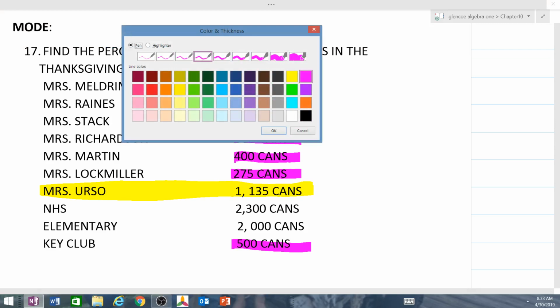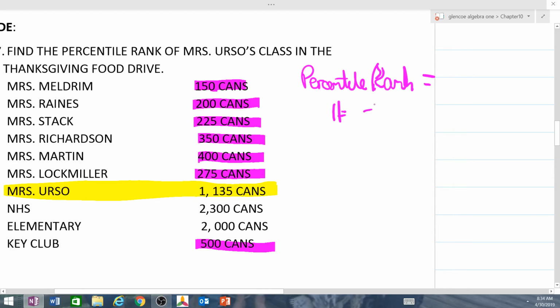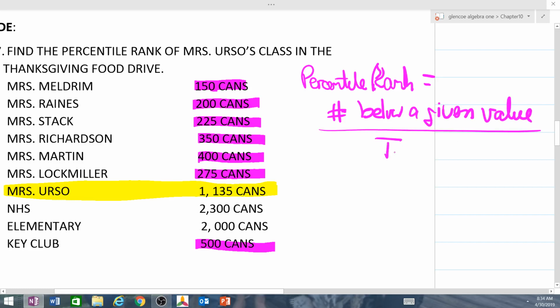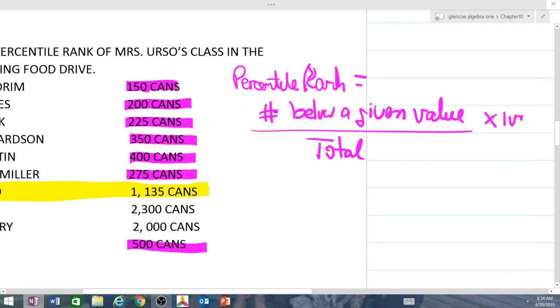10 is correct. Okay, so let's just remember that percentile rank equals the number below a given value over the total times 100.